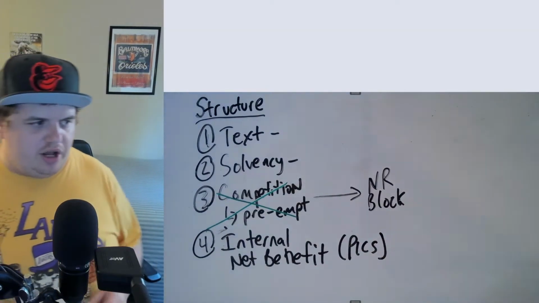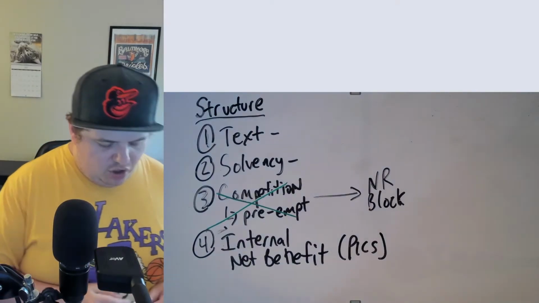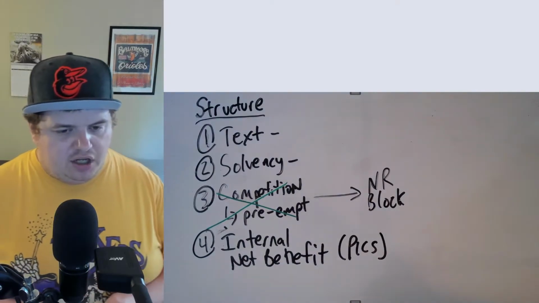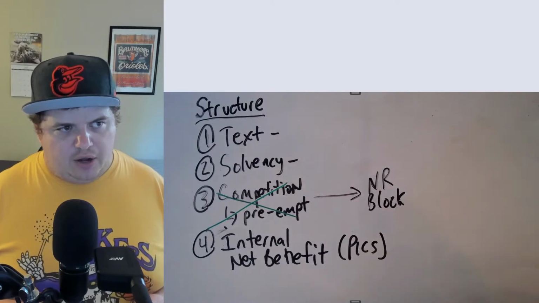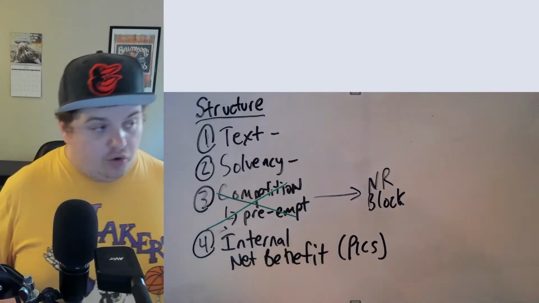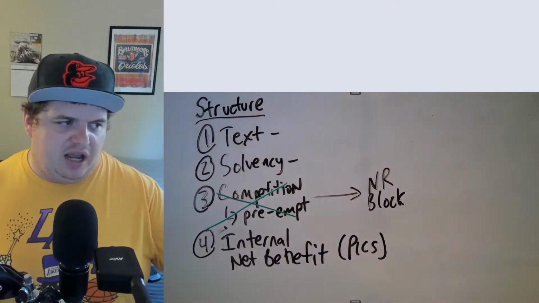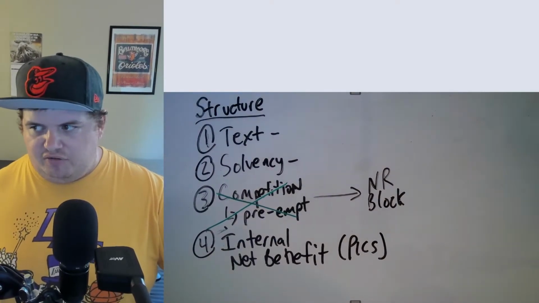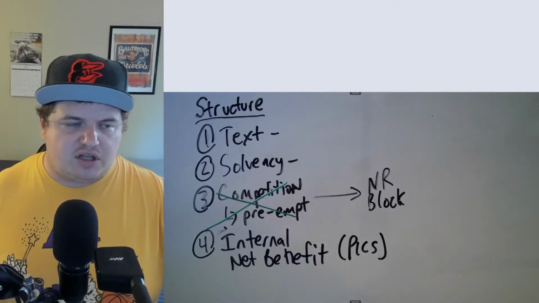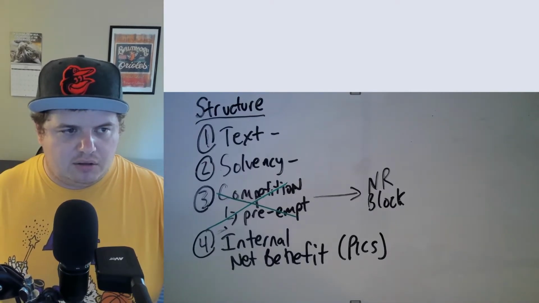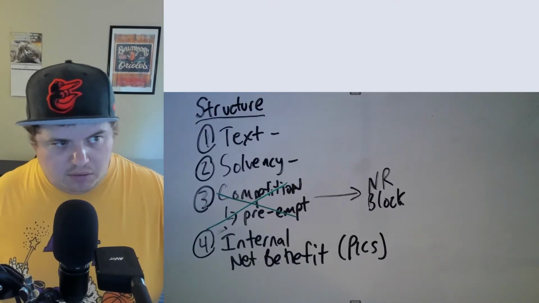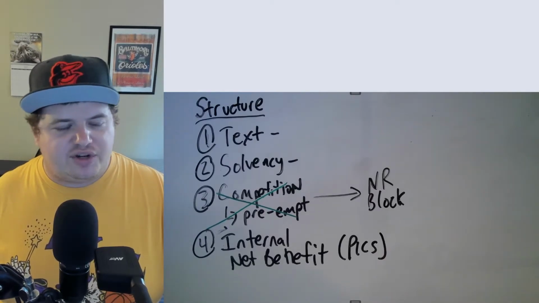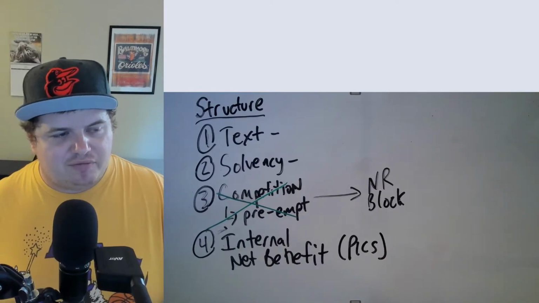An internal net benefit is a reason why the counterplan is good on the counterplan flow itself. Normally when you read a counterplan in the debate, what's the reason the counterplan is going to be better than the affirmative?